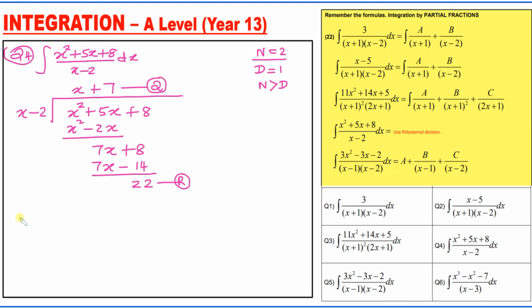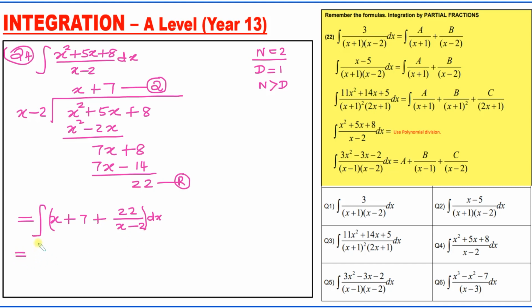So you can write the question into integrating. The quotient is x plus 7 plus there's a 22 as a remainder when you divide by x minus 2, dx, right? And this is everything dx, right? So this entire thing is in brackets.